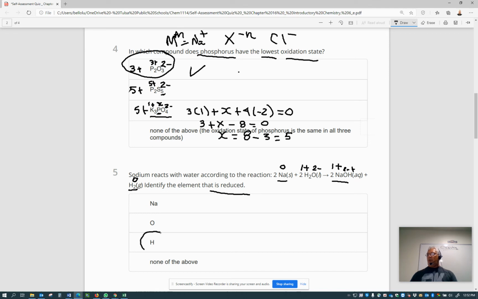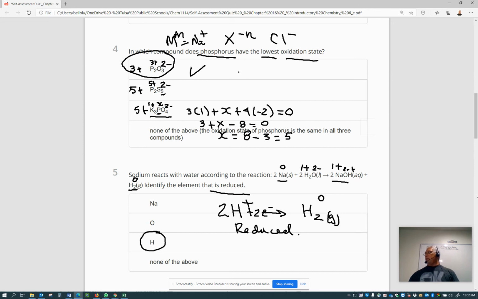So my answer will be that hydrogen is the one that is being reduced. Why is hydrogen being reduced? Because it's going from positive hydrogen in water to form hydrogen gas, where the oxidation state will be 0. So it's gaining electrons in order to become 0, and the 2 positive and the 2 negative will make the molecule, and that's the one that is being reduced.